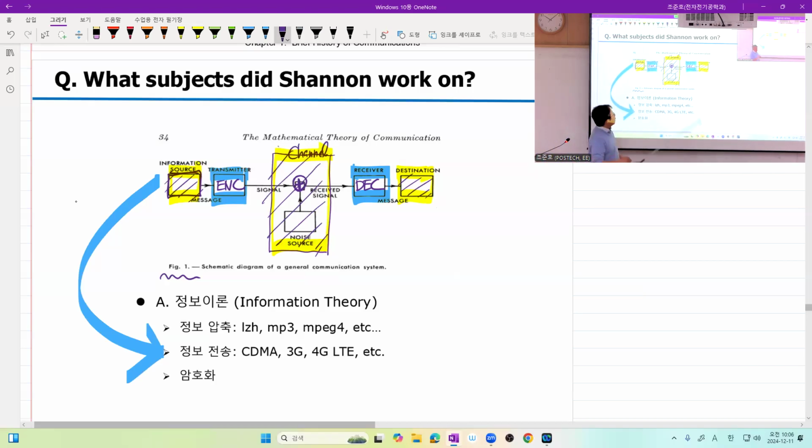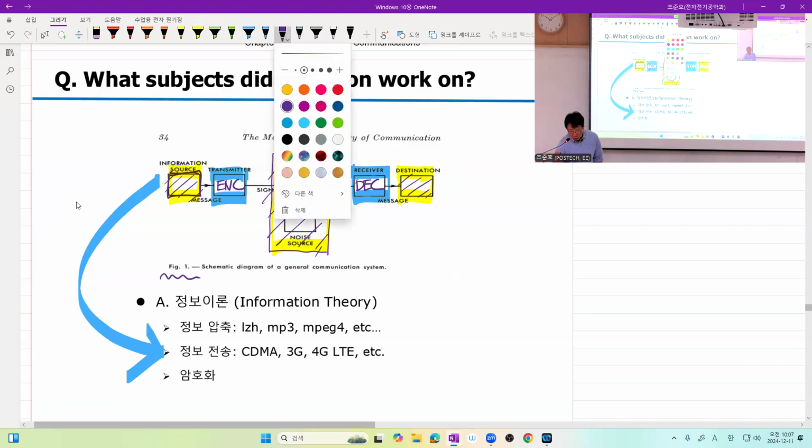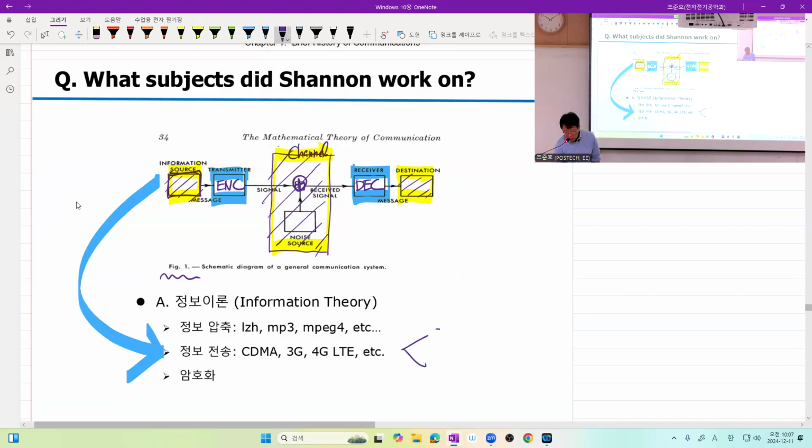How can we reliably transmit our message from the source to the destination? And if we involve this terminology, reliably, with our temporal concept, then we immediately realize that there are two performance metrics: error probability and transmission rate.